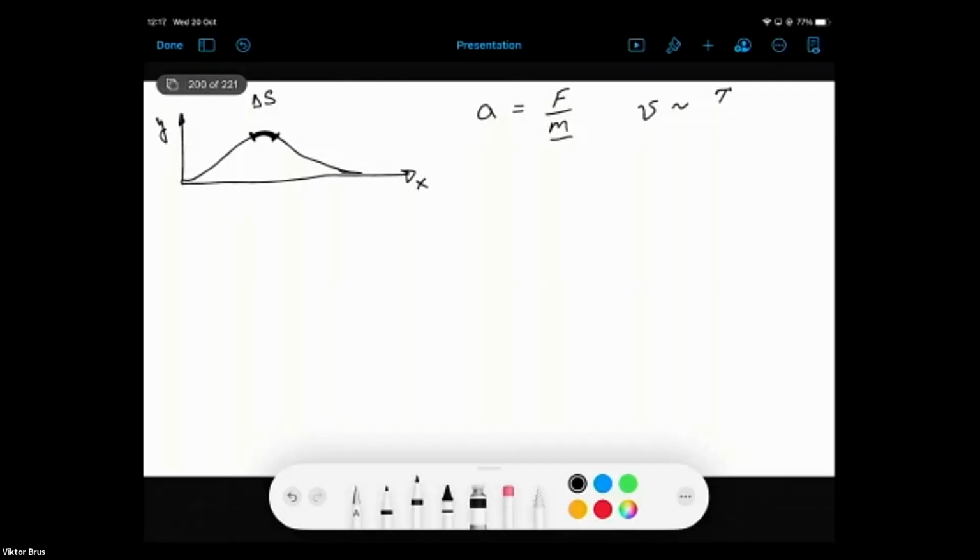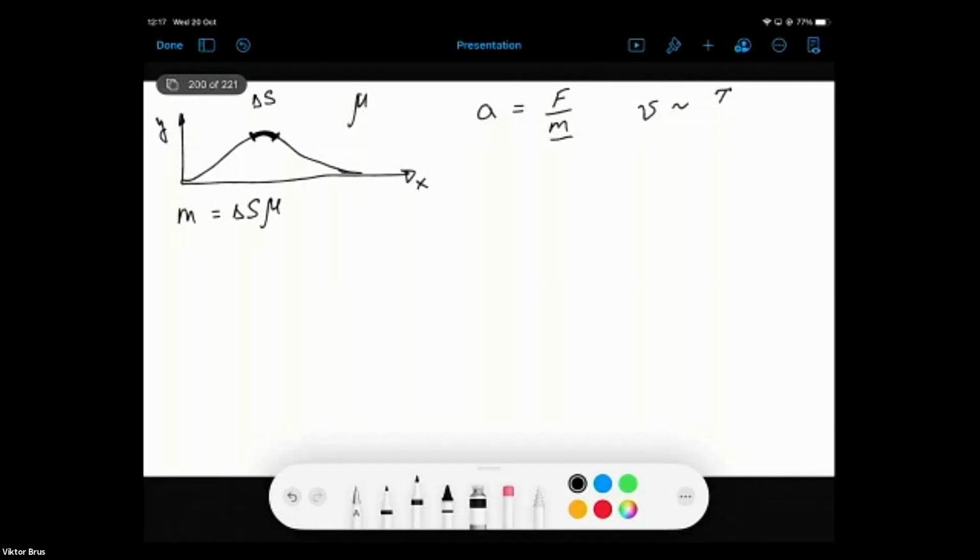But then how do we deal with this? It's convenient to operate with mu, which is the linear density, the distribution of mass along a unit of length of this rope. So the mass of this small element would then be defined as delta S times mu.